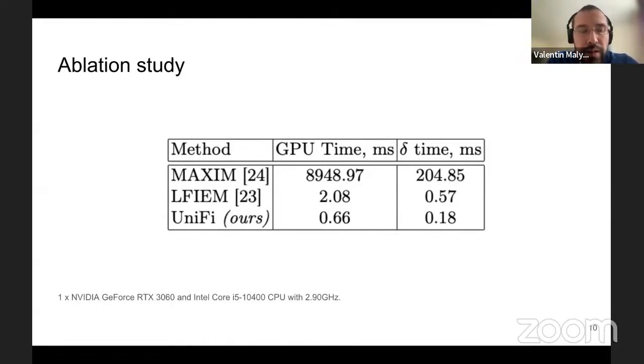And LFIEM, which has the closest number of parameters and quality to ours, takes about 2 milliseconds, while our approach takes a third of that. So we have only 0.66 milliseconds for our approach with the same quality and lower parameters.